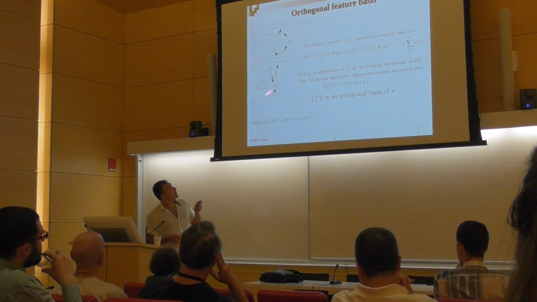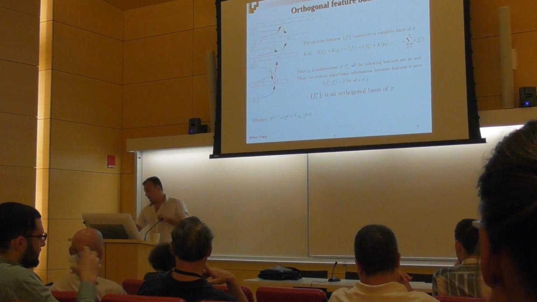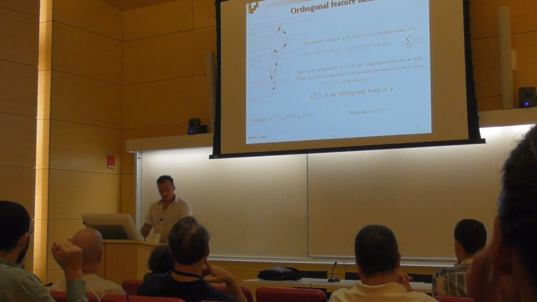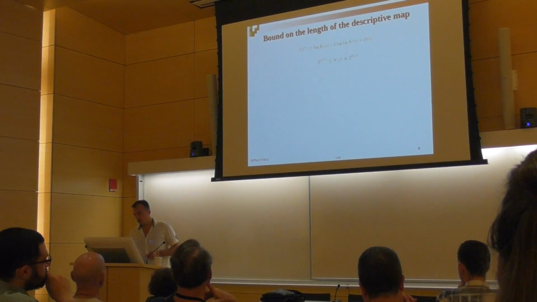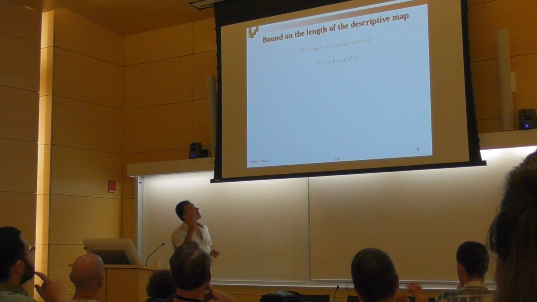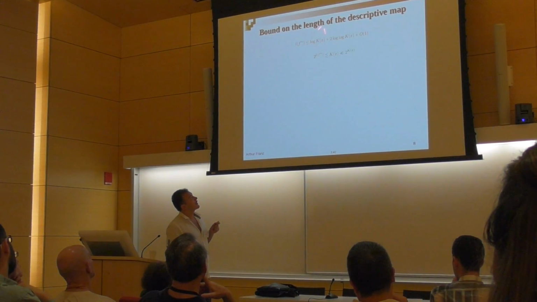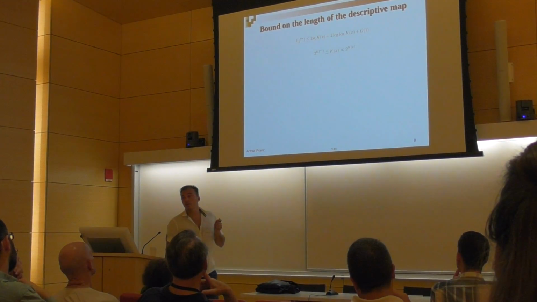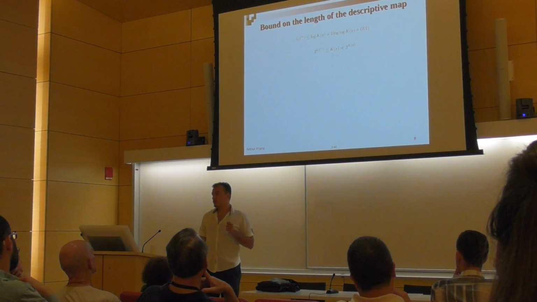So what about the descriptive map? Because you have to search for it too. What I have found is that the length of the descriptive map is smaller than basically the logarithm of the Kolmogorov complexity, up to some small terms, which is very small.